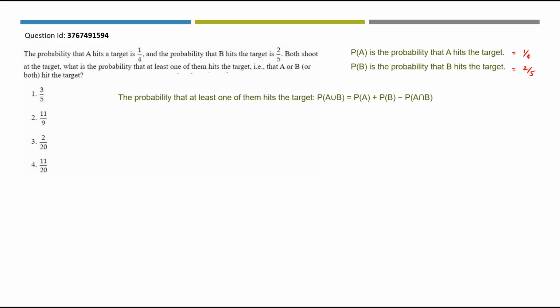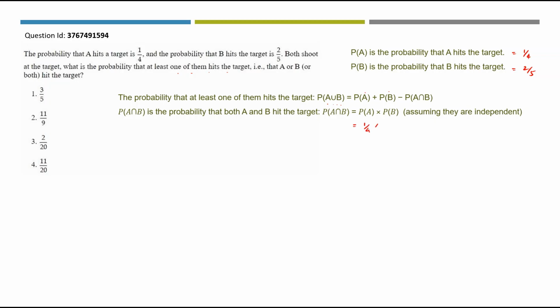In this formula, you have to find A union B, that is the question. We know the value of P of A and P of B. What about P of A intersection B? P of A intersection B is the probability that both A and B hit the target. Since they are independent, we can multiply both the probabilities. So P of A intersection B can be calculated as what is P of A?